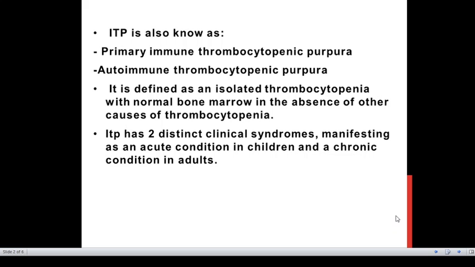It is defined as an isolated thrombocytopenia with normal bone marrow in the absence of other causes of thrombocytopenia. And ITP has two distinct clinical syndromes, manifesting as an acute condition in children and a chronic condition in adults.